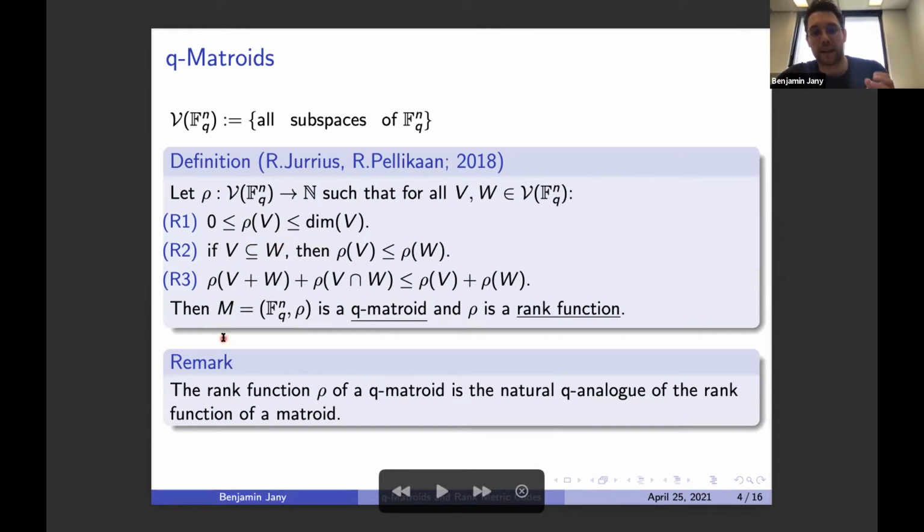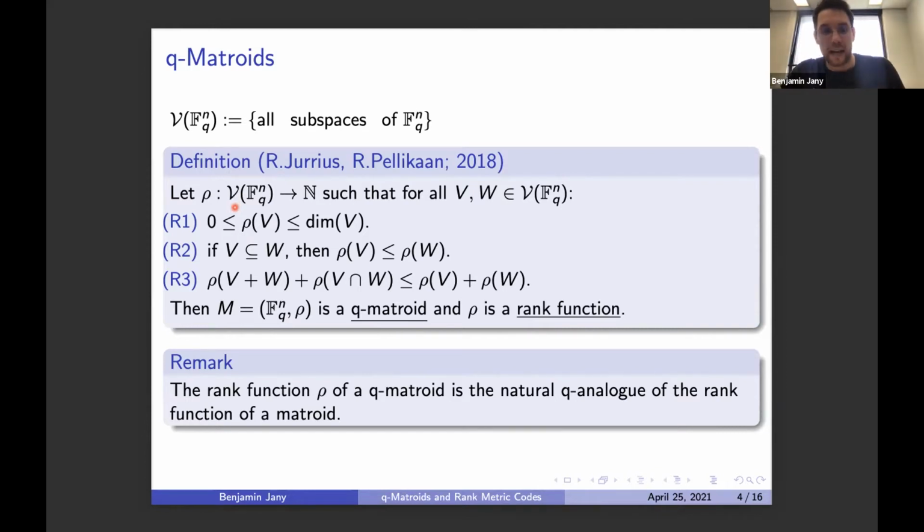And it really seems like the q analog of a matroid, because we define this rank function from the collection of subspaces. And if you know about matroids, you know that the rank function of a matroid is defined from the power set of the set 1 through n. So it really has this q analog feeling to it here, okay?